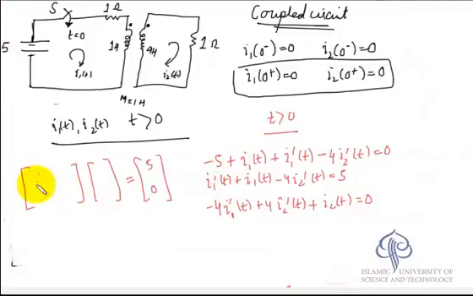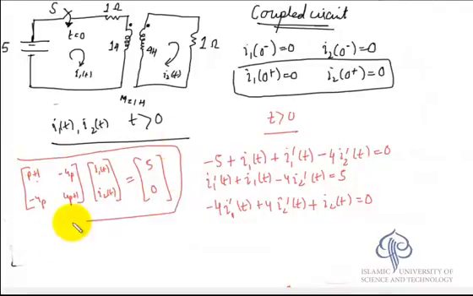For the first equation you have p plus 1, minus 4p, and for the second equation you have minus 4p and then 4p plus 1, multiplying I1t and I2t, equal to 5 and 0. So this is the differential equation set for the circuit.